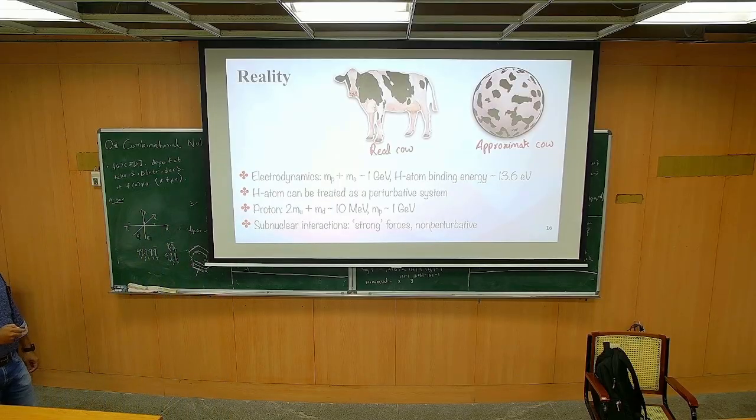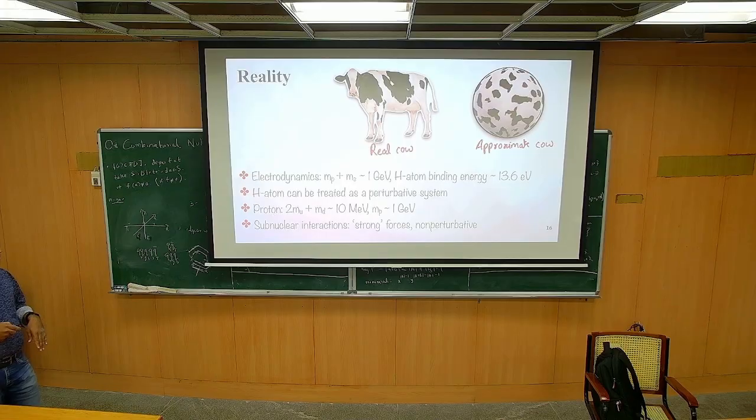If you take the case of electrodynamics, the mass of proton and electron added together is approximately 1 GeV, while the hydrogen atom binding energy is 13.6 electron volts, which is 6 orders of magnitude smaller than the mass of the proton and electron. Which means you can use perturbation theory in this scenario.